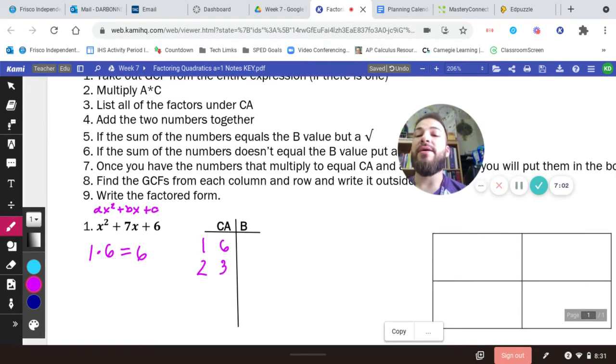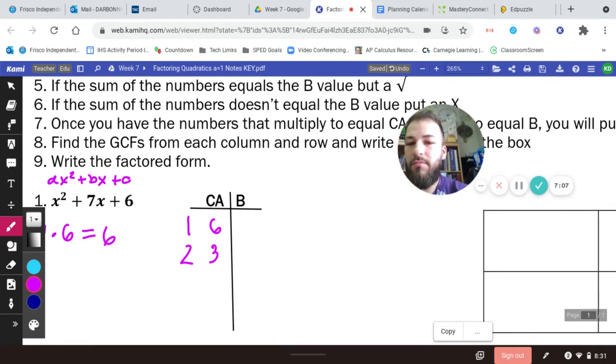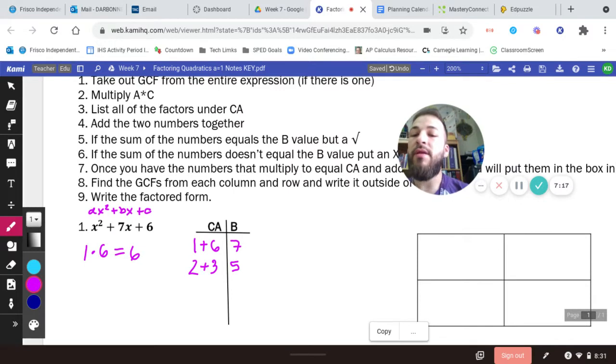Okay. Next step is I want to add the two numbers together. So 1 plus 6 is 7. 2 plus 3 is 5. Now steps 5 and 6 are kind of the same step. We're going to compare the b value we got to the b value of our equation.